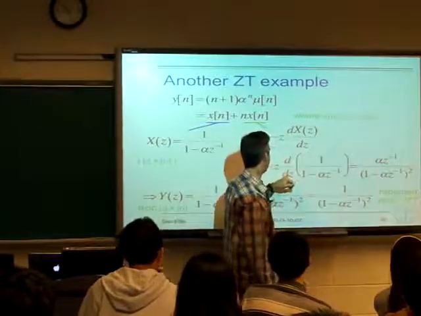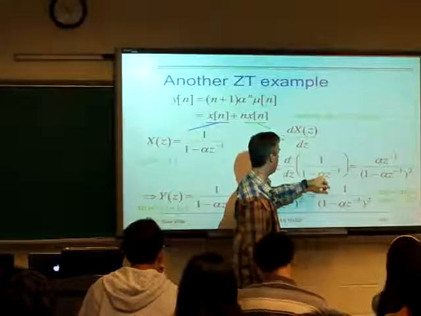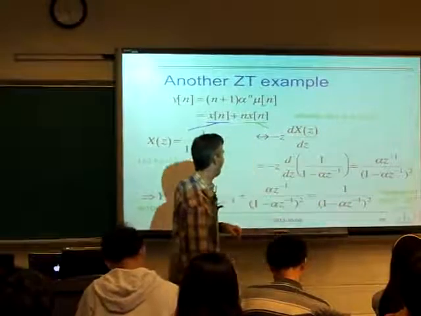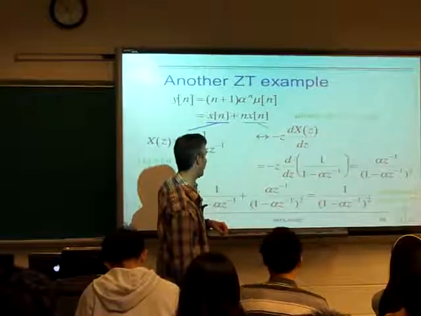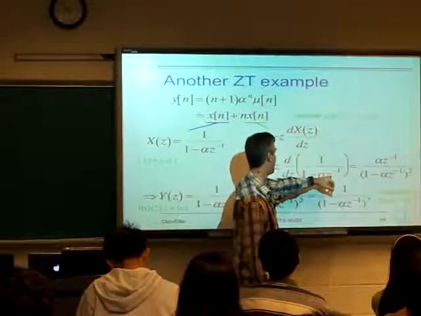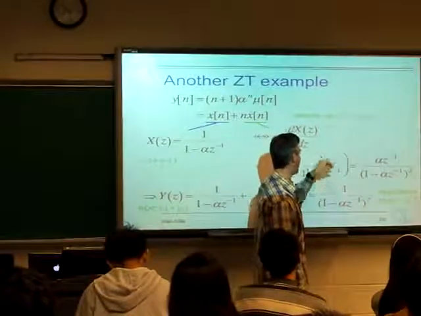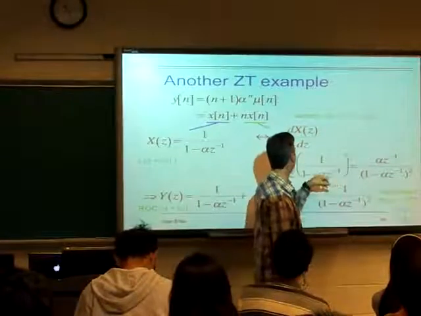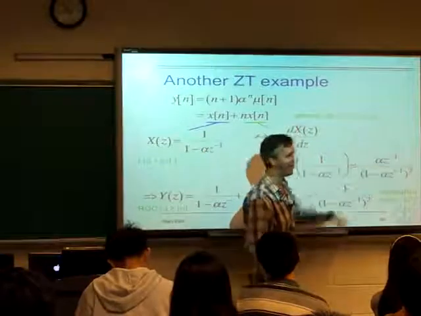And then d by dz of this is minus alpha. What is that? D by dz of this is 0. D by dz of this is minus alpha z to the minus 2. Yeah. So the minus sign gets knocked out by the minus we got from the first derivative. The z to the minus 2 gets knocked down by this to a z to the minus 1, and that's what we get.